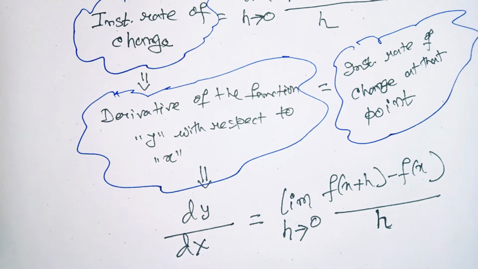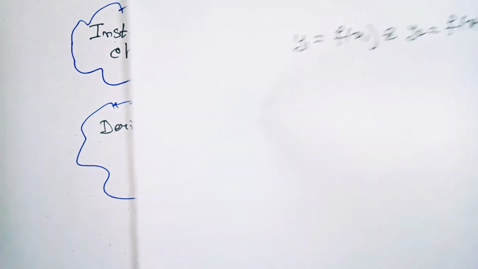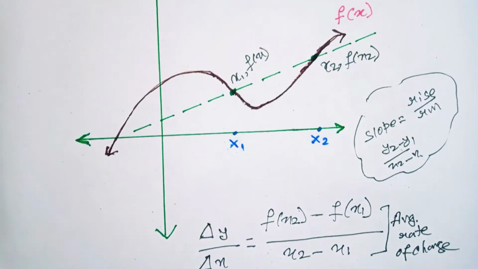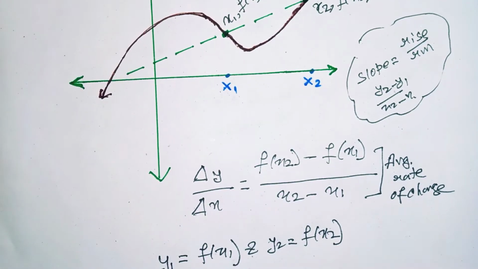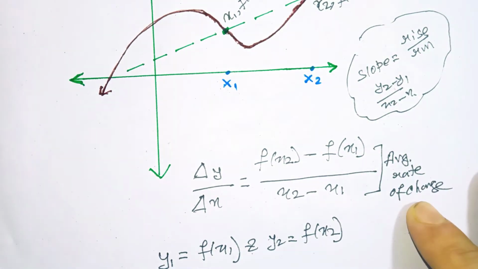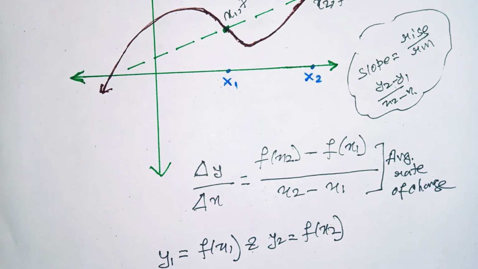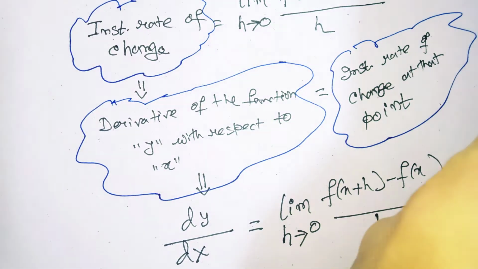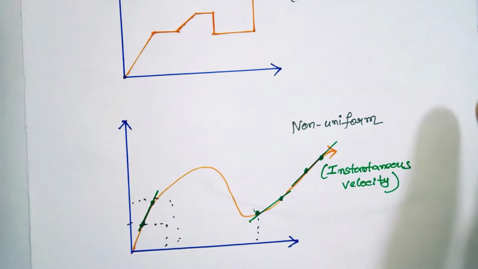Now, what is important? Let us go back to this part. What we did was calculate the slope equals rise over run, and we calculated the normal average rate of change. We also know that in case of instantaneous rate of change, what we need is a non-uniform motion, right?